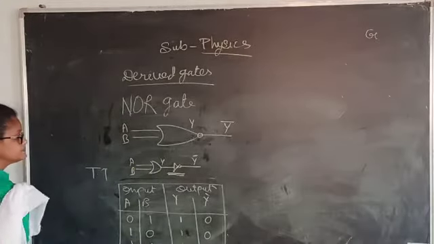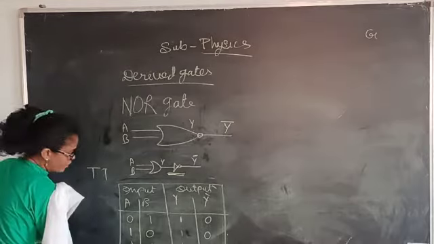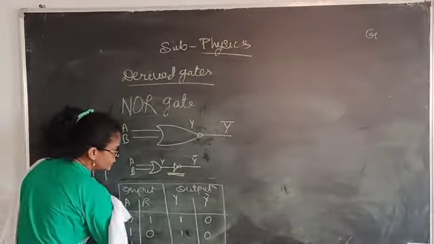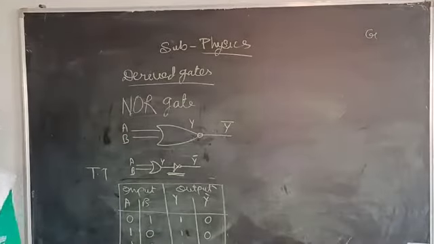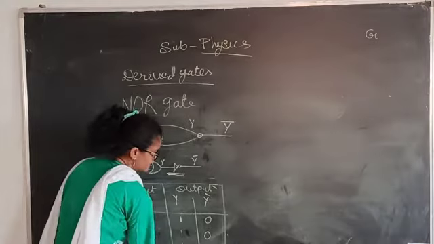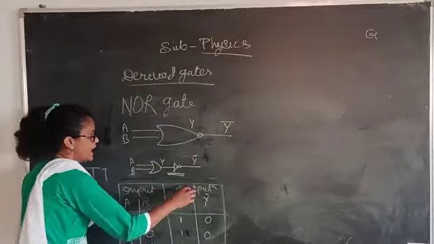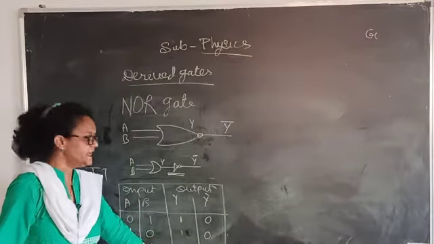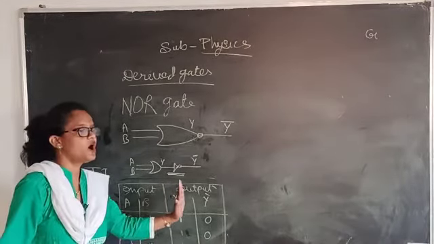That is low. If both the inputs are low, then and only then the output of OR is low, and the negation of this will be 1. So the output of NOR is simply the negation of the output of OR.